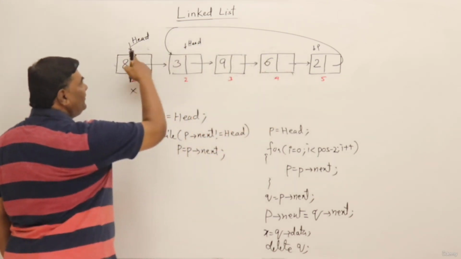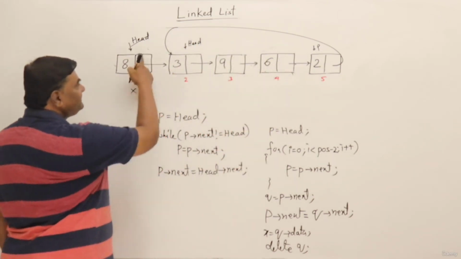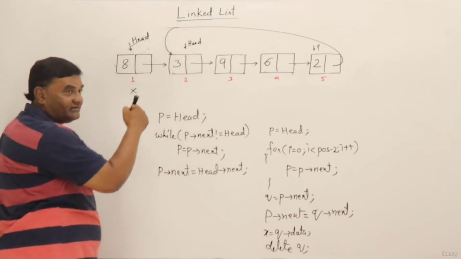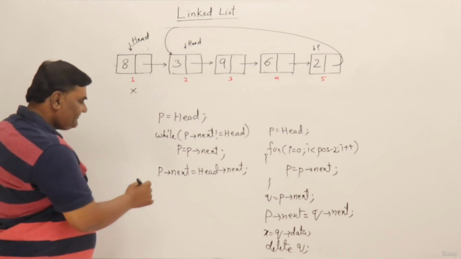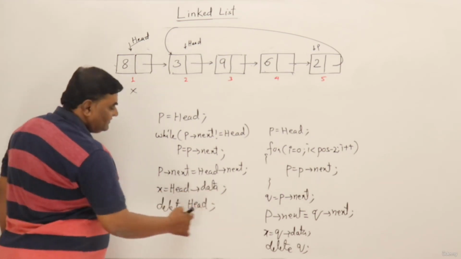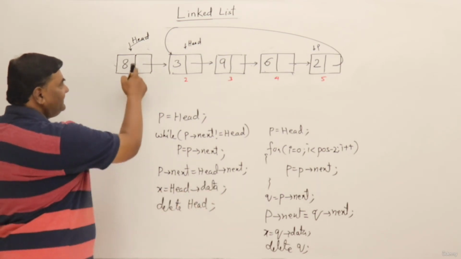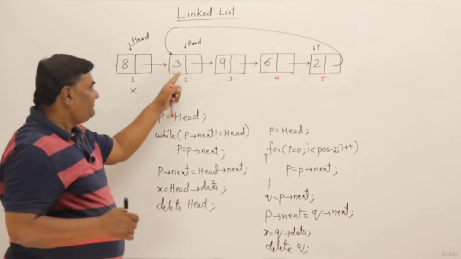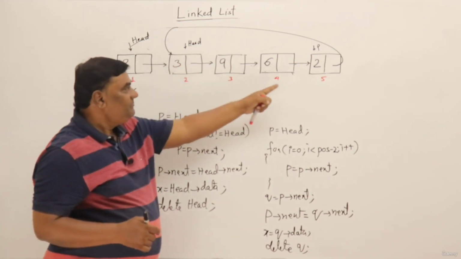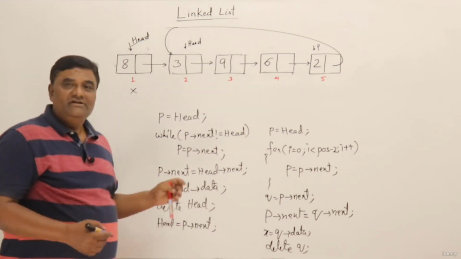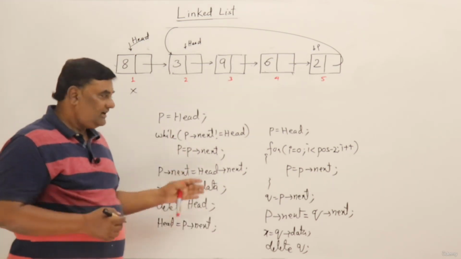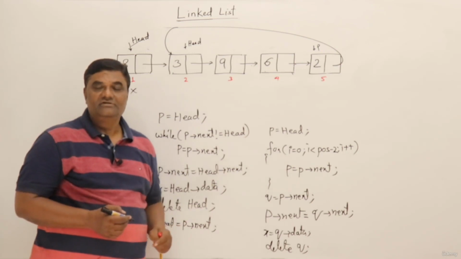Then P's next should point on head's next. So this is pointing here. Then I should take out the data and delete this head. Data is taken in X. Delete head. This node is deleted. Then I should make head point on this node. What is this node? P's next. So make head point on P's next. So I have the code for deleting head node. I have the code for deleting any other node.